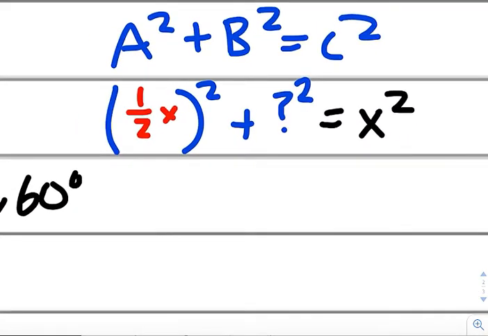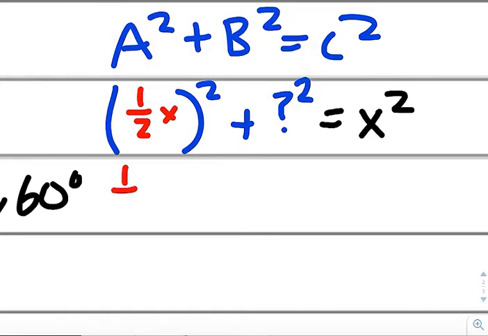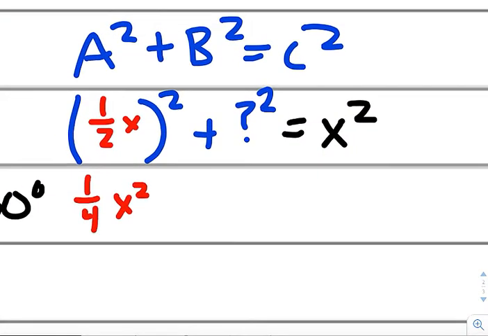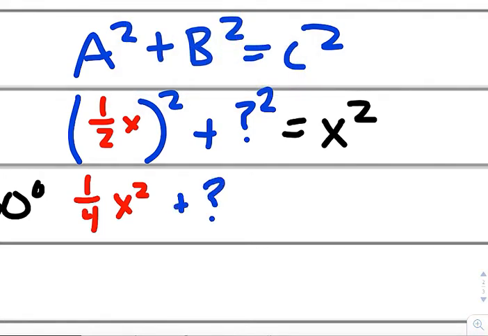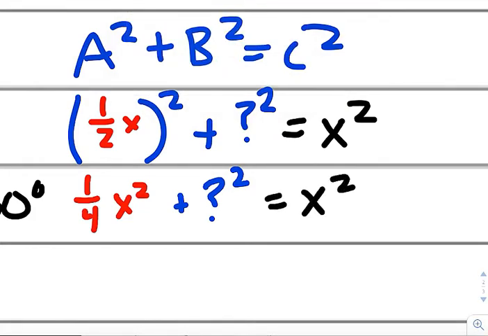In our solving, we're going to square the fraction, making it 1/4 x squared. Then we have the question mark squared, and of course, this will be equal to x squared. So now we just have to continue our solving.